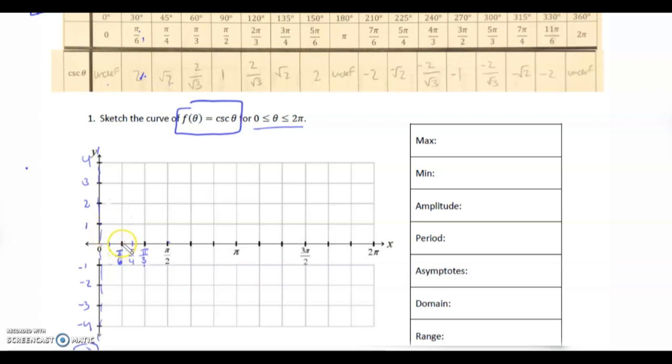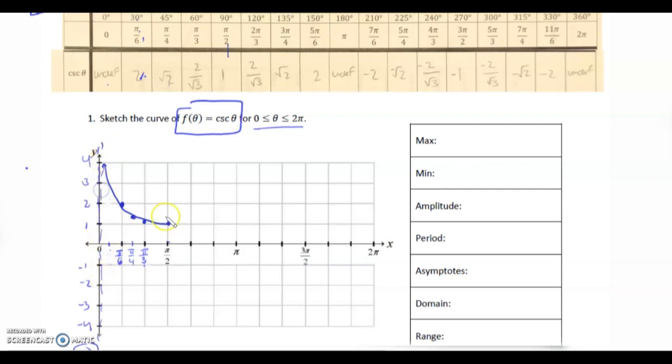So pi by 6 and 2, pi by 4 and root 2, which is 1.4, and then pi by 3 and 2 over root 3. If you put 2 over root 3 in your calculator, it's like 1.1. We have pi by 2 and 1. So this is going to look like this so far.